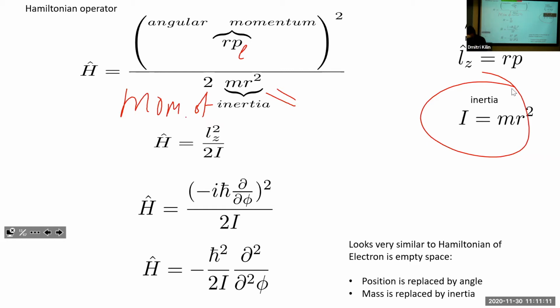The well-known kinetic energy is linear momentum squared over two masses, right? Linear momentum squared over two masses.